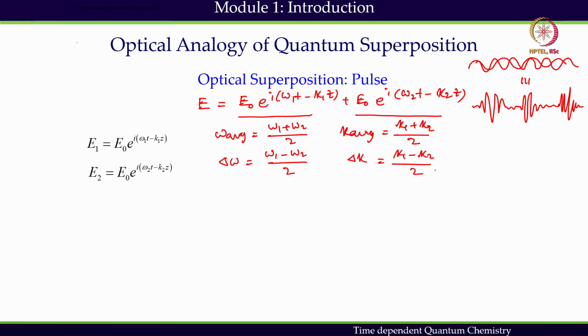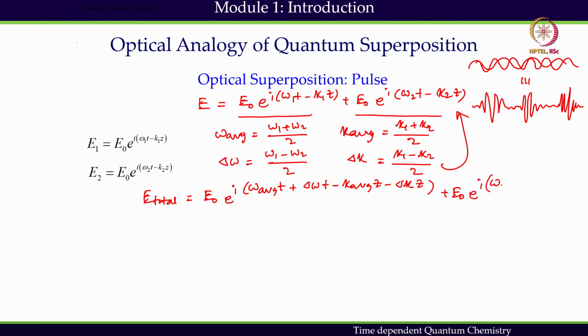If we do that, I can plug that in here and express the total electric field as E naught e to the power i(omega average t plus delta omega t minus k average z minus delta k z) plus E naught e to the power i(omega average t minus delta omega t minus k average z plus delta k z).